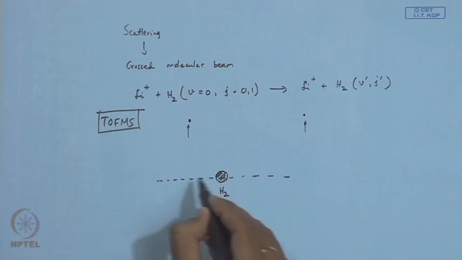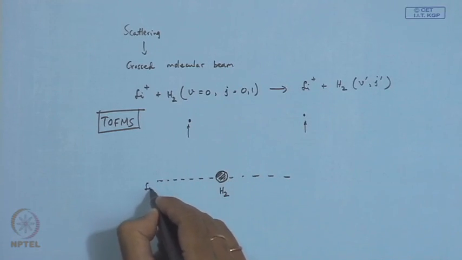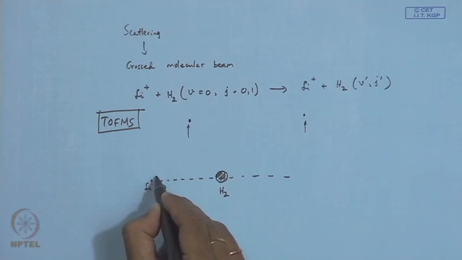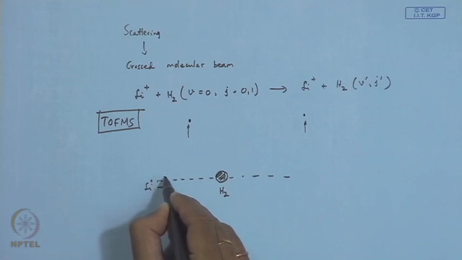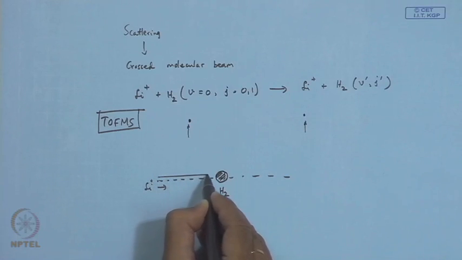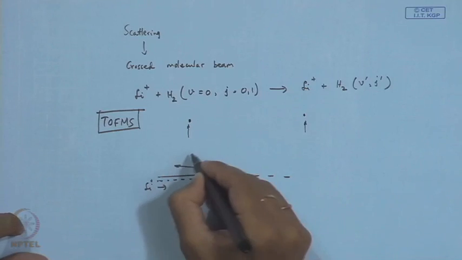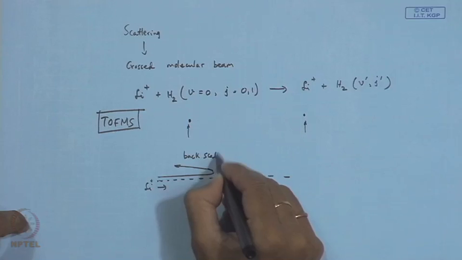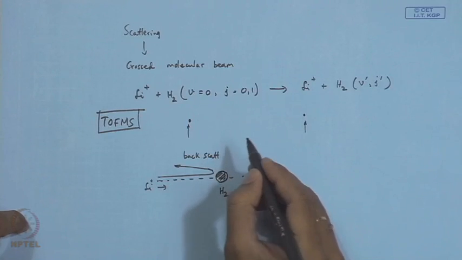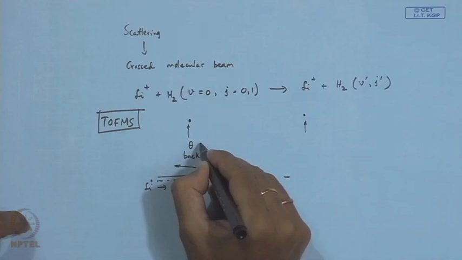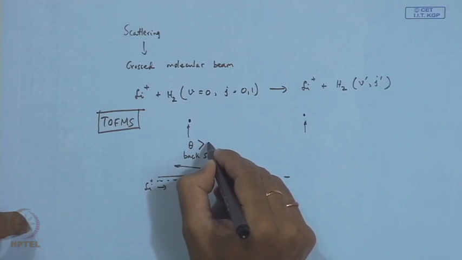Lithium plus is coming this way. When it directly hits almost head on, it will rebound, that is backward scattering. In this case theta will be greater than 90.